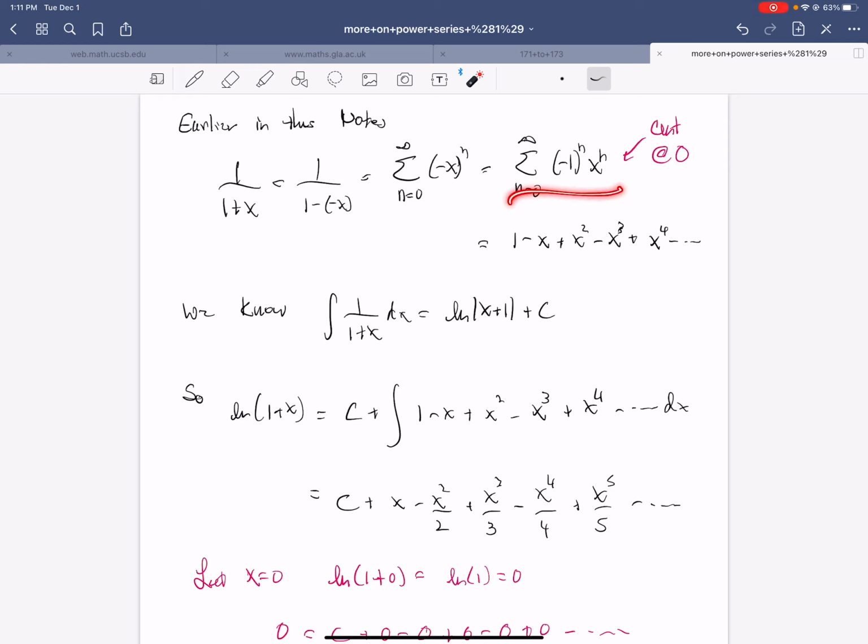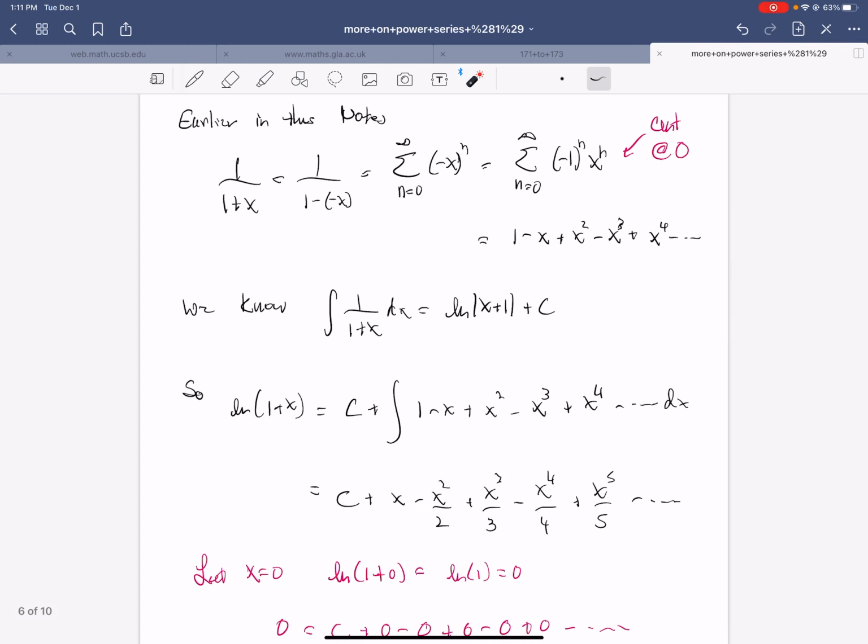Now, earlier in the notes, we learned this formula from our knowledge of geometric formulas. But we know something cool. We know that the antiderivative of 1 over 1 plus x is ln absolute value 1 plus x plus c. And so in there, if I'm going to integrate that integrand there, but that is equal to this, if I want to integrate that, it should be the same as integrating that.